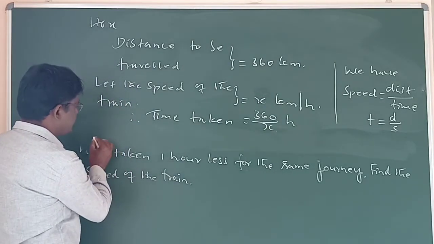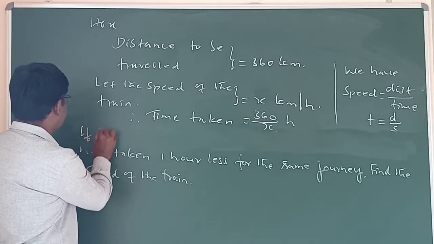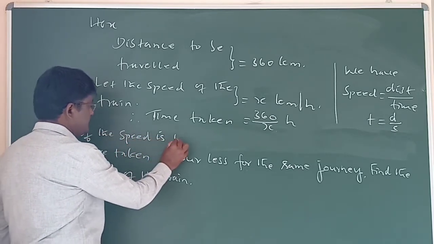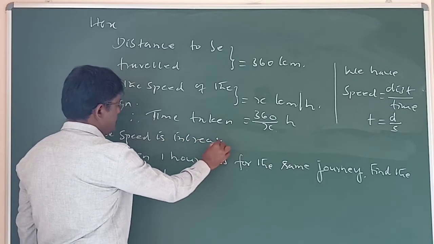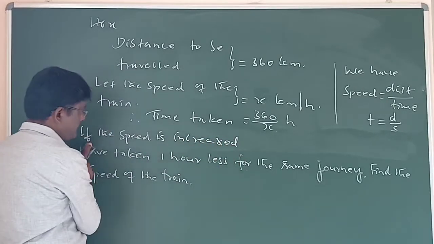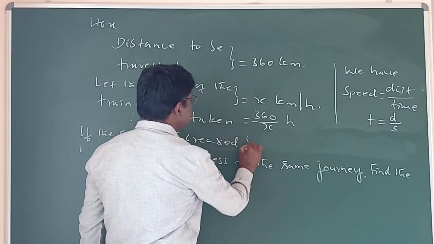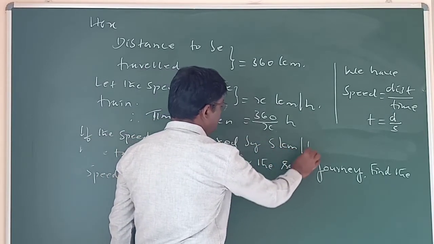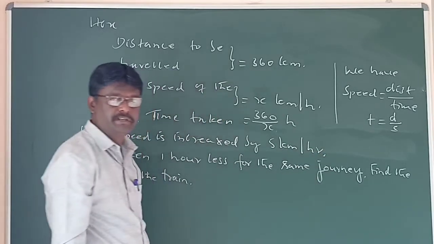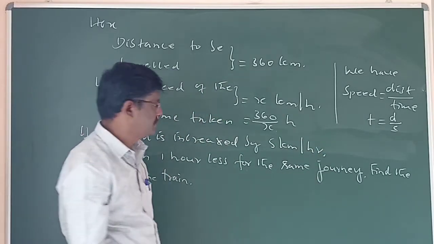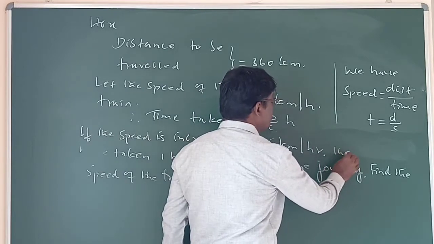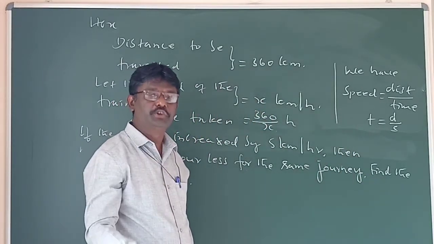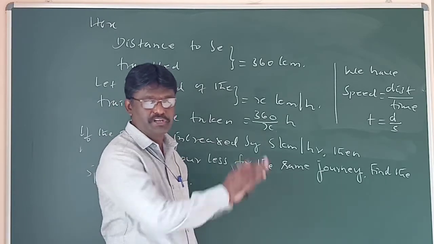Now, if the speed is increased by 5 km per hour, then what we get is the new speed. The original speed is x.